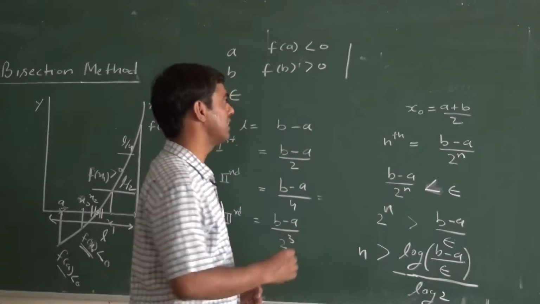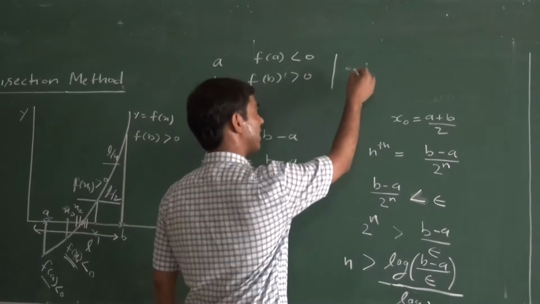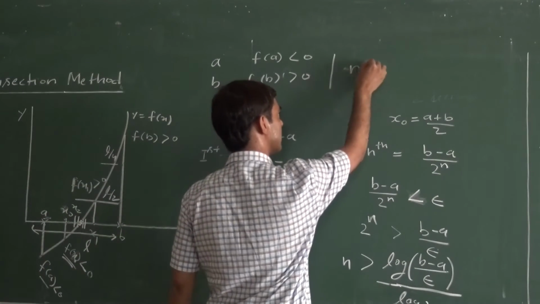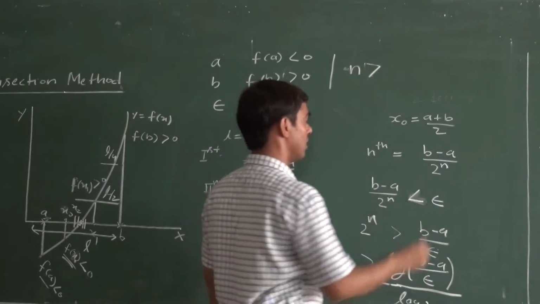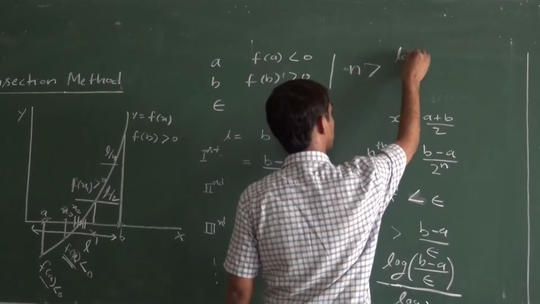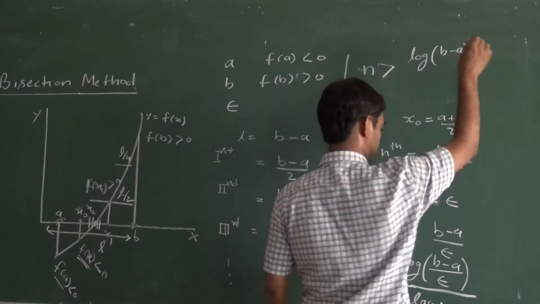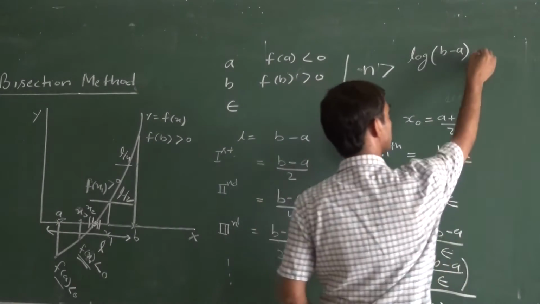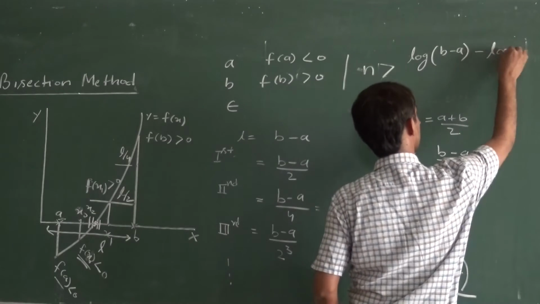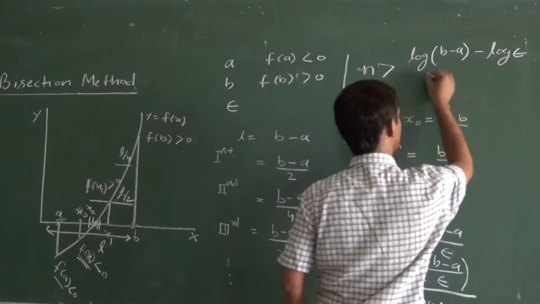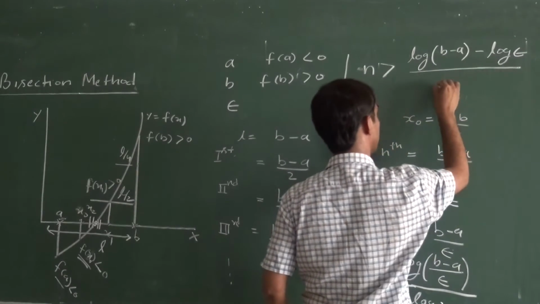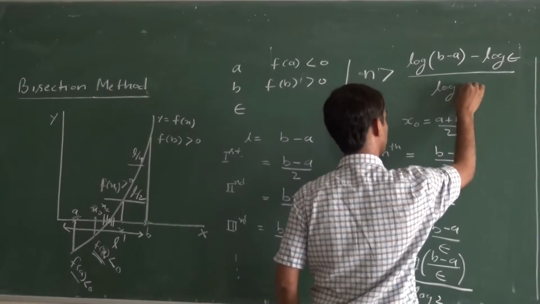You may also write this in a more simplified form. n is greater than log of b minus a, using the property of log, minus log EPS, divided by log 2.